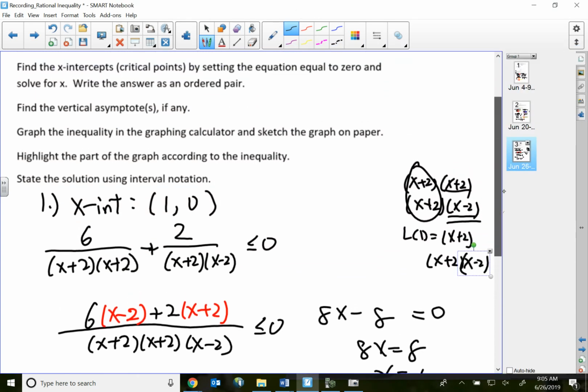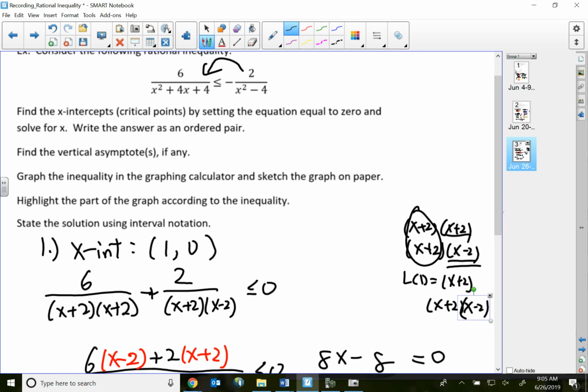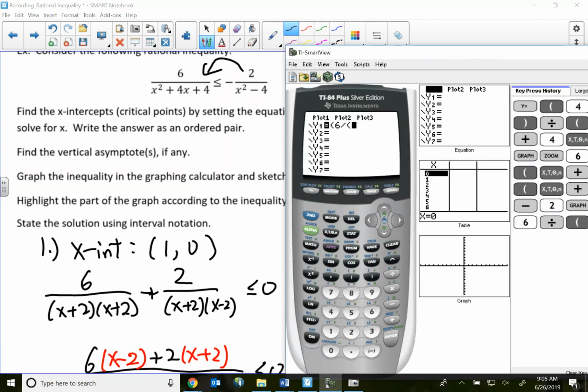Let me go ahead and type in the original denominator, so I can put those three terms in one parenthesis. That will be x squared plus 4x plus 4, close parenthesis for my denominator, and close parenthesis for my first term, plus open parenthesis for the second term, 2 divided by simply x squared minus 4.